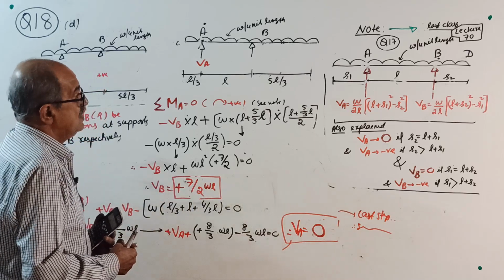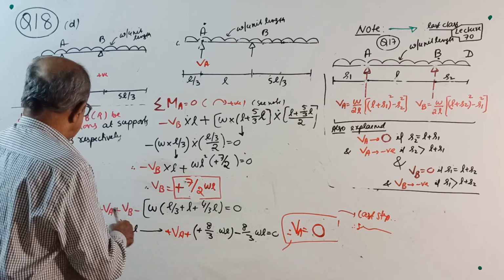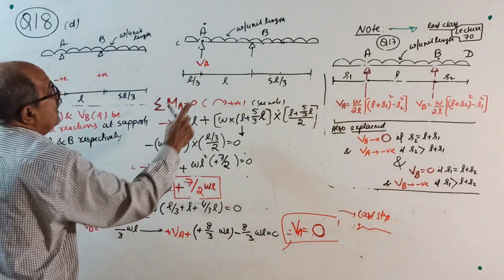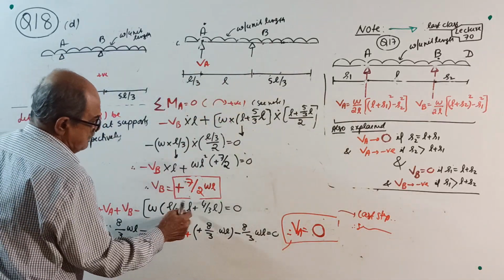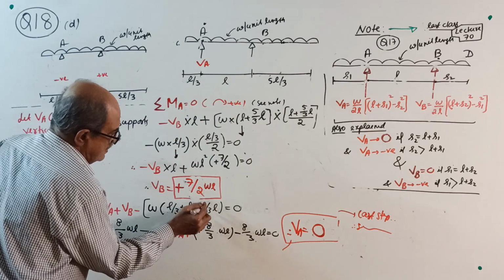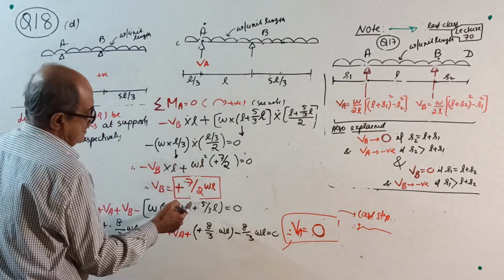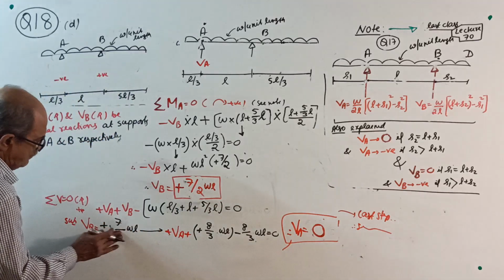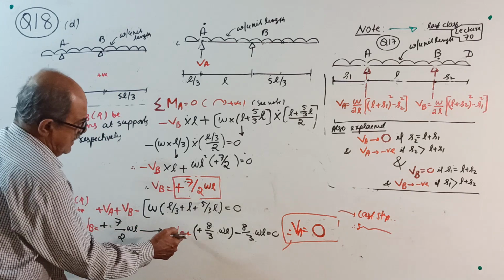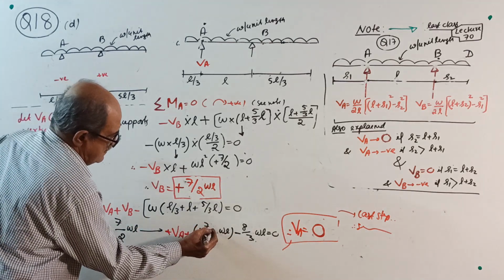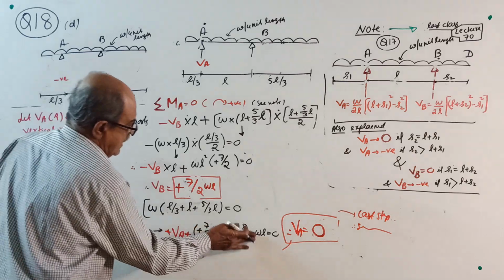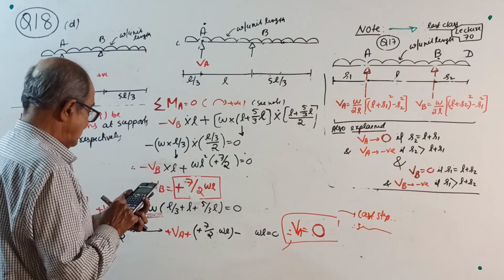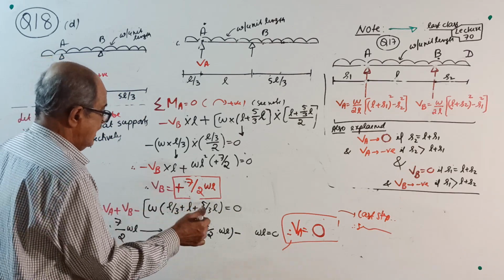Okay, now over. Sigma V equals 0: VA plus VB minus W into L by 3 plus L plus 5 by 3L equal to 0. Substitute VB equal to 7 by 2 WL. You get VA plus 7 by 2 WL minus that number, which is 1 by 3 plus 1 plus 5 by 3 is 3, minus 3 WL equal to 0.